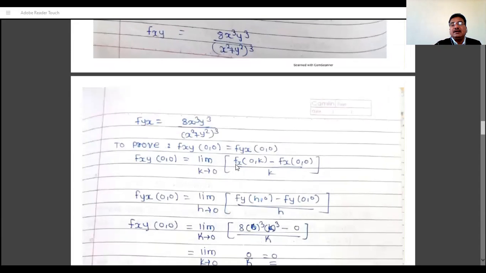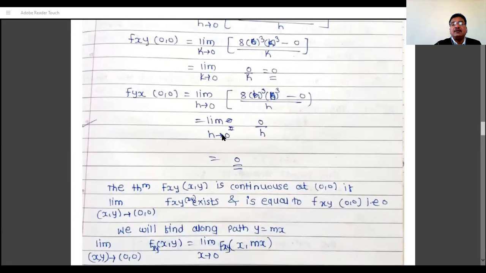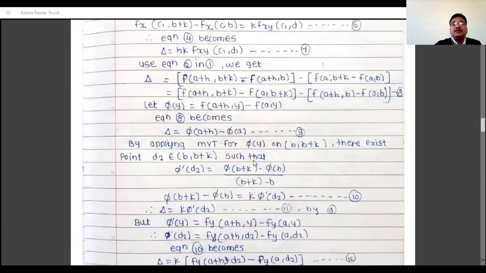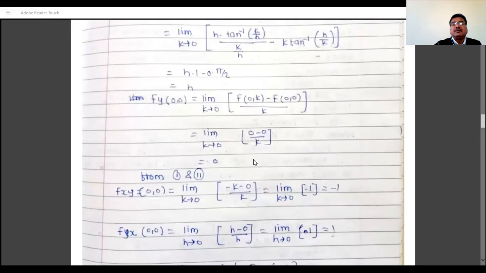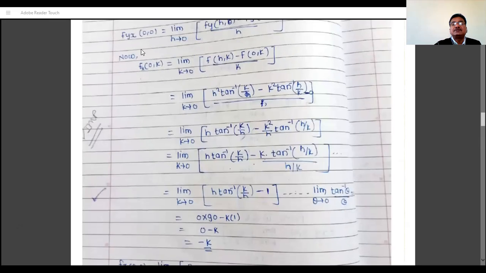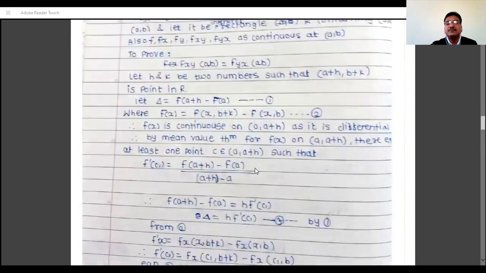We can write directly or by using the definition. Find all these values by using the definition, and then we have both the values fxy 0 0 and fyx 0 0 are 0. So find all the values of this quantity by using this procedure: by using fx 0 0, fx 0 k. Write definitions and find all the values and substitute.